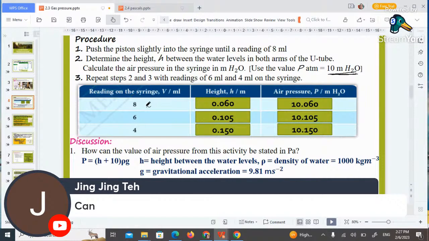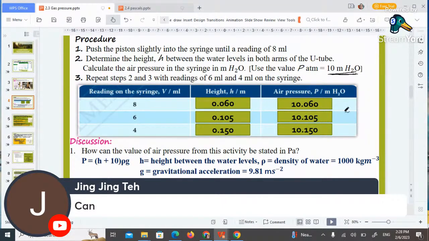Okay, so for the 8 milliliter, the height H is 0.06 meter, 6 centimeter. For the 6 milliliter, the reading becomes 10.5 centimeter or 0.105 meter. For 4 milliliter of the volume of air, we get 0.150 meter.